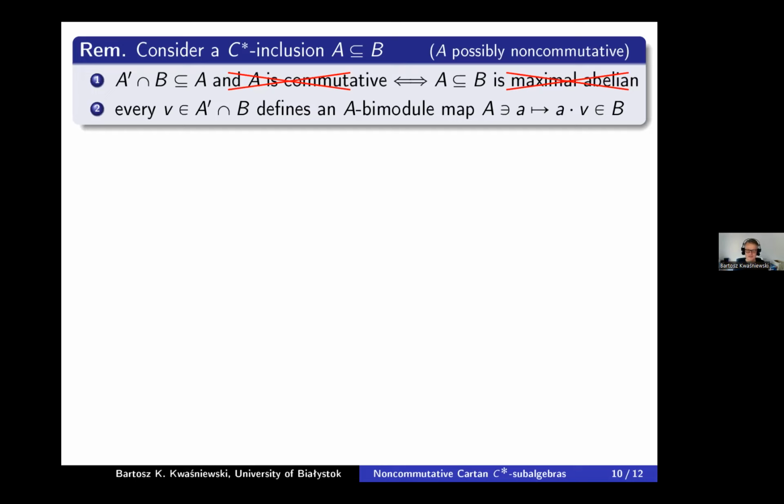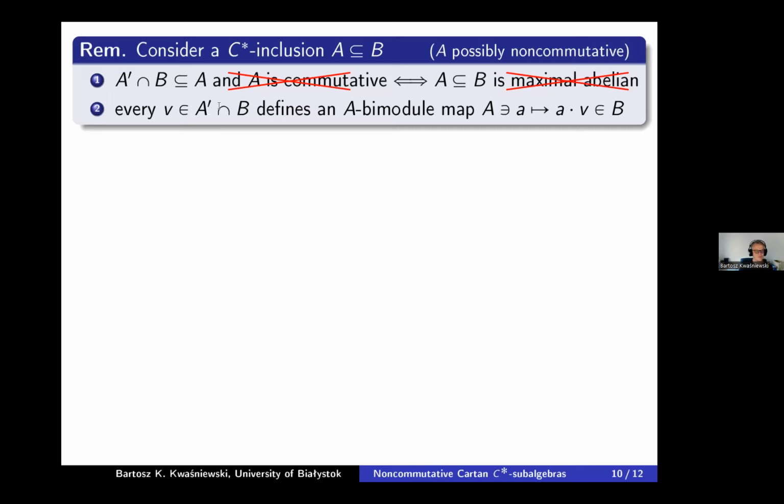Sorry, you're lost. So the commutant of A. Yes. So v commutes with all elements. A subset of B. So v is an element of B, and it commutes with all elements in A. Yeah, but when you define the commutant, you define it with respect to an inclusion of A in some algebra. And A is already included in B. So why do you need to intersect the commutant?